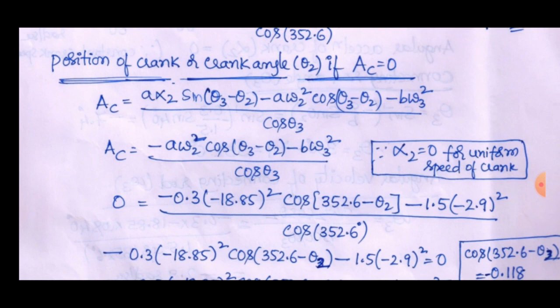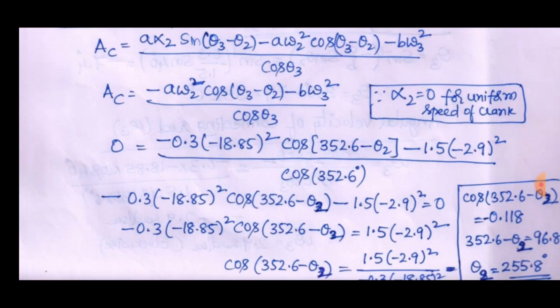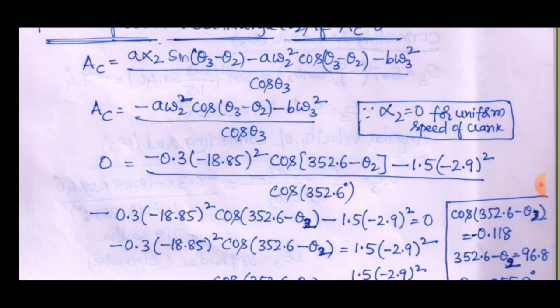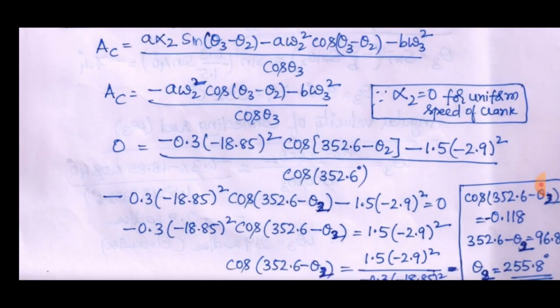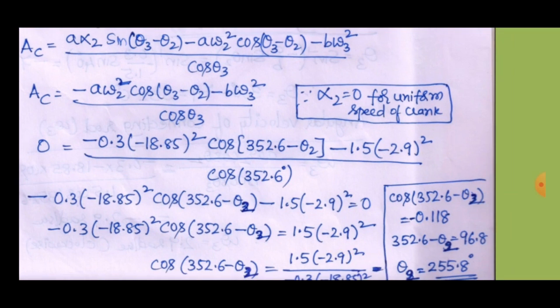What is it? Left hand side AC, that is equal to 0, because you have to find theta 2, taking that acceleration is 0. Therefore, left hand side AC, that is 0. On the right hand side, except theta 2, remaining all values are known, that should be substituted. So now cross multiplying, then simplifying, I am going to get theta 2 is equal to 255.8 degrees.